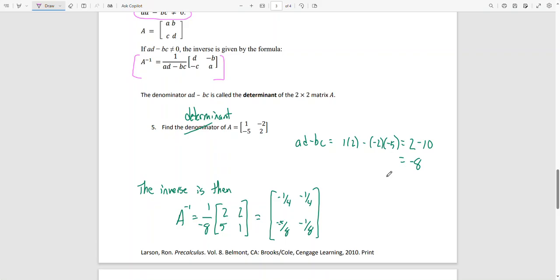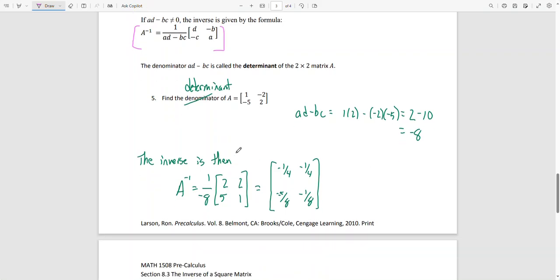So I found the determinant, but I went along with it, and I just decided to find the inverse as well. I switched the places of the main diagonal, top left to bottom right. My right and left are opposite today. Switch these two. 1, 2 is now 2, 1. Change the sign of the 2, change the sign of the 5.